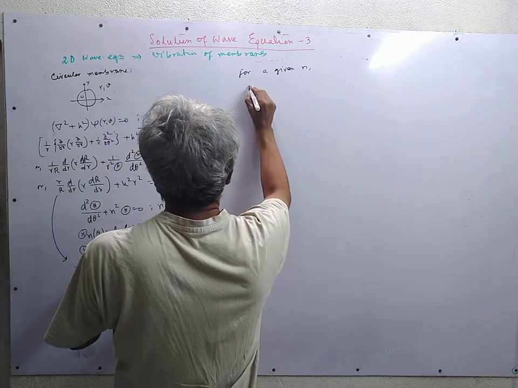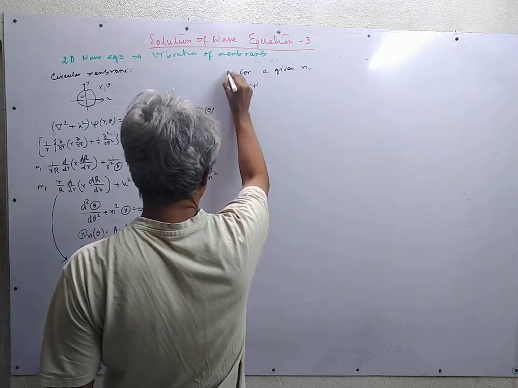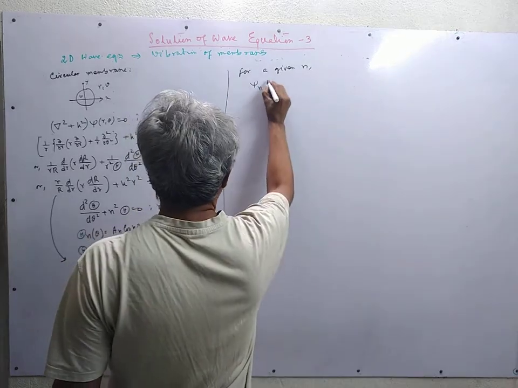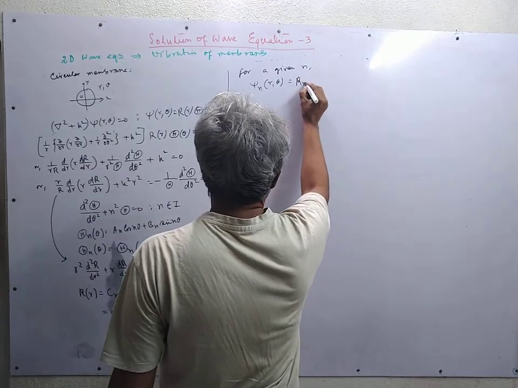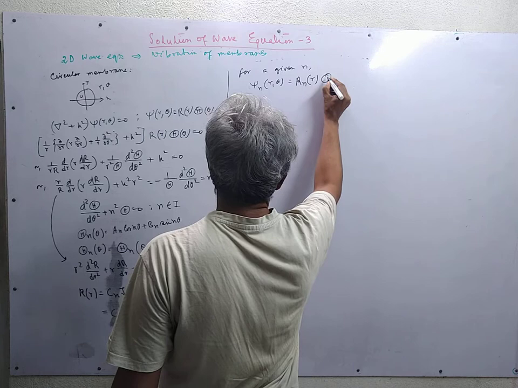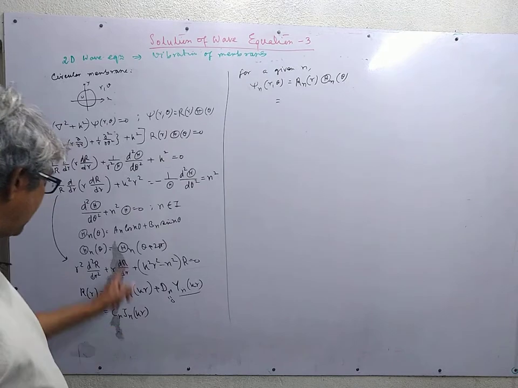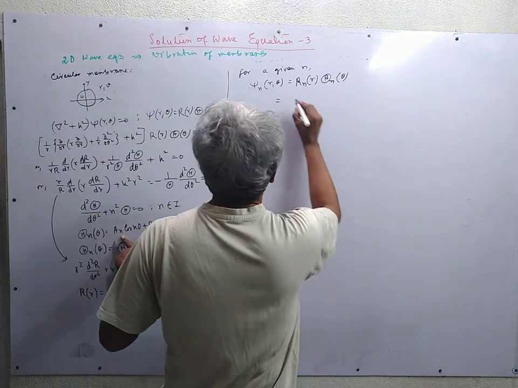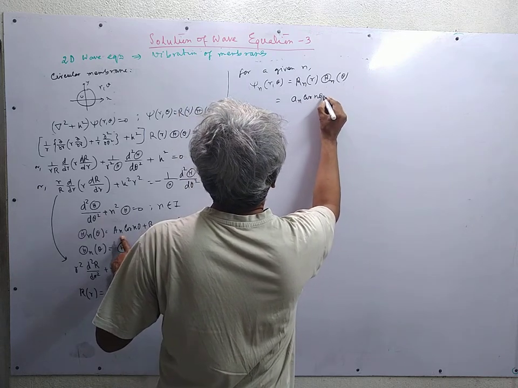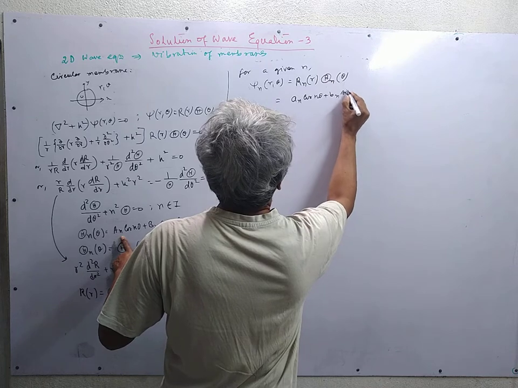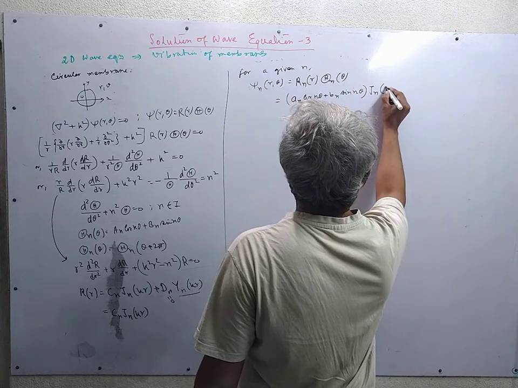This is the solution of the Helmholtz equation: φ_n(r,θ) = R_n(r) Θ_n(θ). This is equal to C_n, and these constants are adjusted accordingly, so we call it A_n cos(nθ) + B_n sin(nθ) multiplied by J_n(kr).